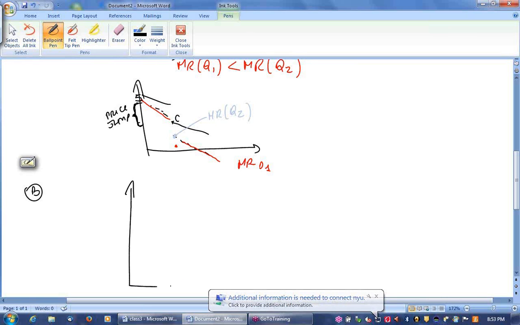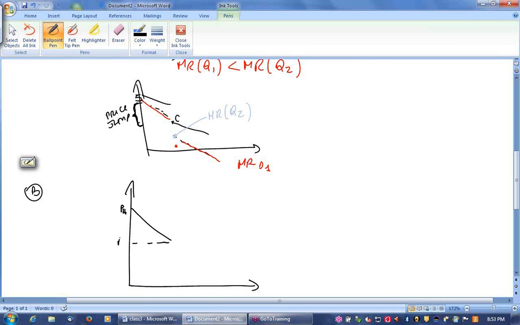So our demand 2 is this one, starting at PH and going down until P low, right? So this is our middle section of the demand curve. Given this information, you are asked to determine which of the following is possible. The profit maximizing price P2 is greater than the initial profit maximizing price P0, or it is equal or it is less. Explain which one is possible.